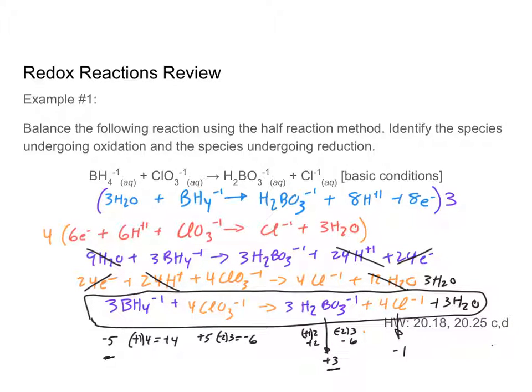So what did it do? It lost electrons, right? And then what happened to chlorine? It was a +5 and it became a -1. So what did it do? Gained electrons. So that means that in this case, boron lost, so loss of electrons is oxidation. And chlorine gained, so that became a reduction.